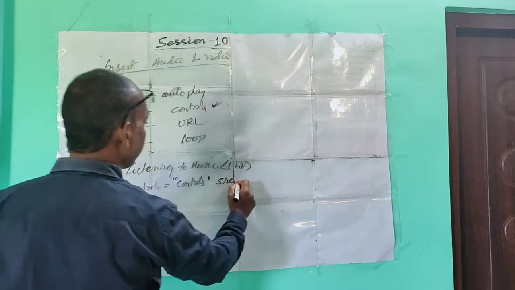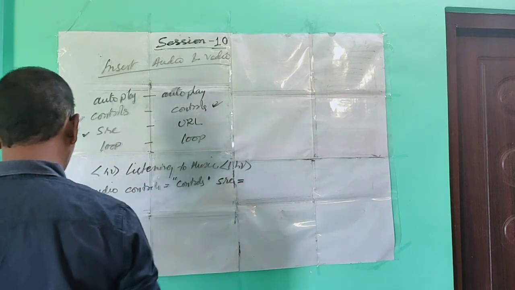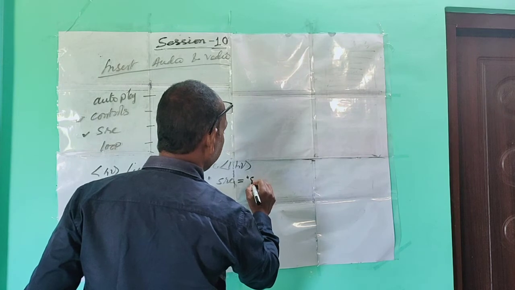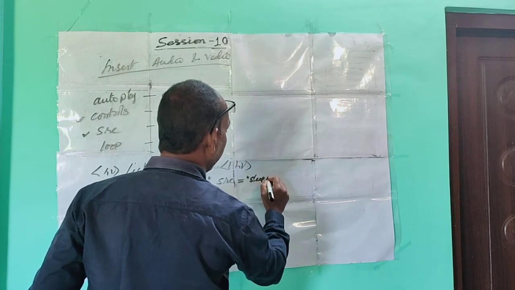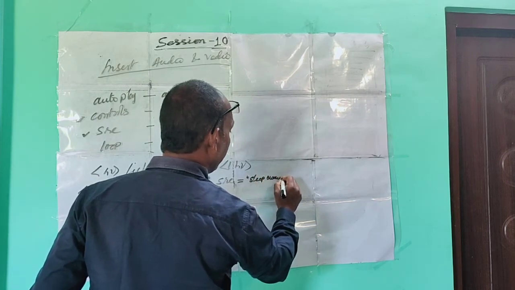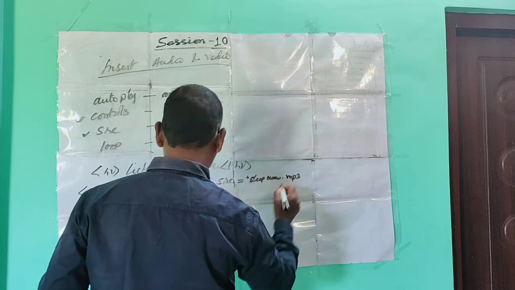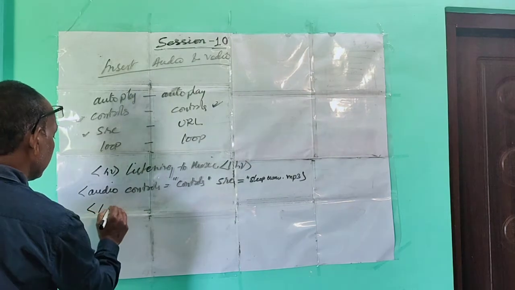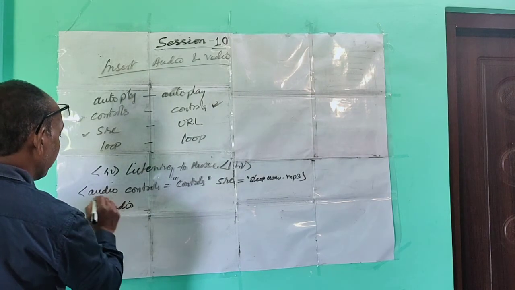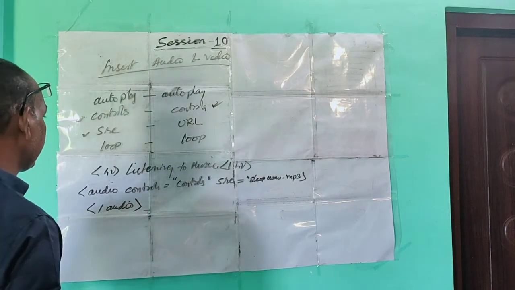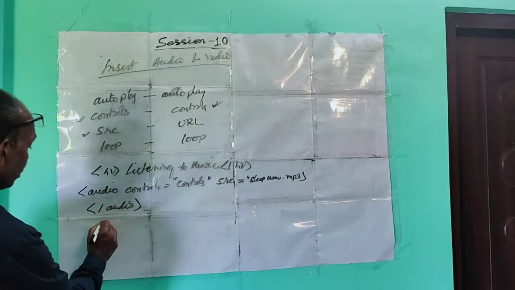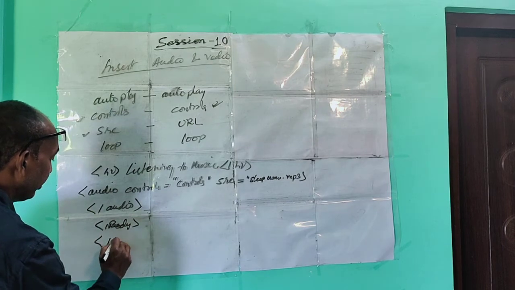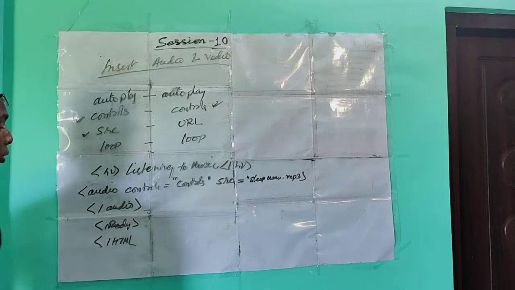You have to spell source, from where you want to insert the audio. For example, say Sleep Away, this is one song, sleepaway.mp3, then close. This is the content tag, we need to close the tag, then body close, then HTML close.